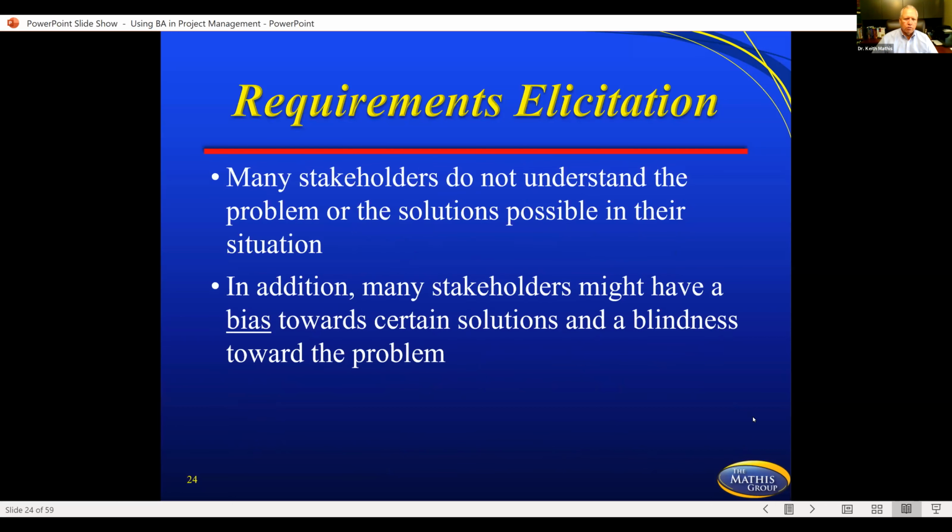Now, many stakeholders do not understand the complete problem or the solutions possible in their situation. In addition, some stakeholders might have a bias toward a certain solution and a blindness toward the problem. You see this in the real world especially when the customer has already been influenced by a product, a service, or a salesperson.